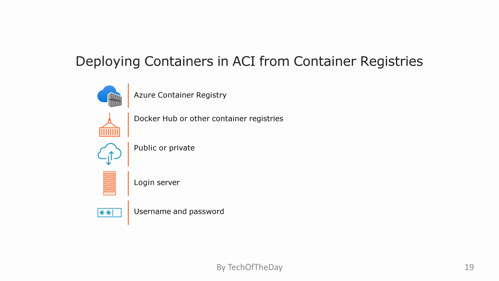In our upcoming code sample and demos, we will learn how to create a service principal and configure it with the correct role-based access control to do just that. I do want to reiterate that you can deploy containers into ACI from any container registry. In our course here, we are going to focus on running containers from Azure Container Registry in Azure Container Instances.